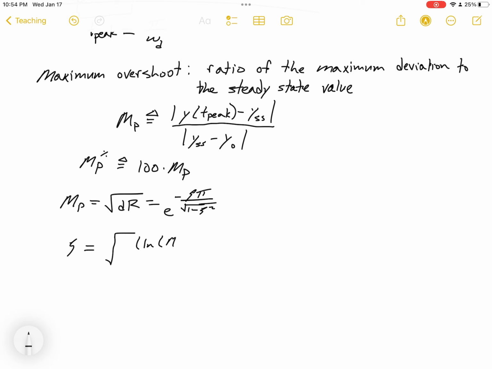It's natural log of maximum overshoot, and that natural log is squared over the natural log of the percent overshoot. Square that whole thing plus pi squared, and all of this is underneath this big square root.